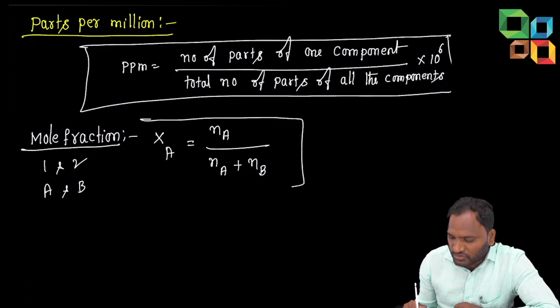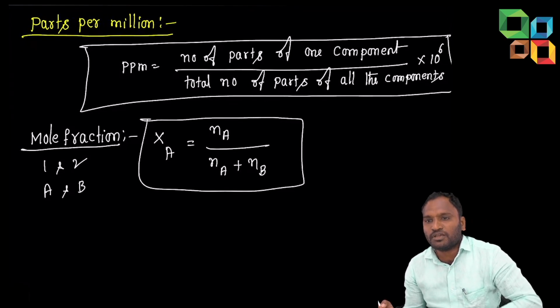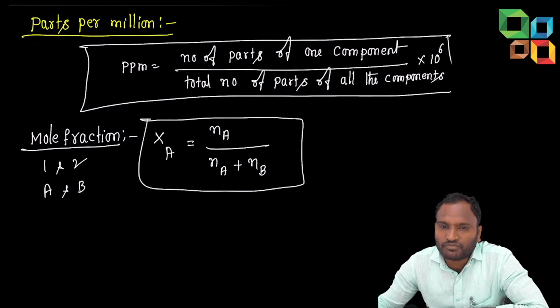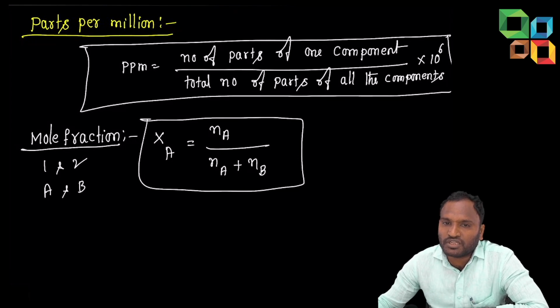So from this formula, how can we define it, students? Mole fraction is the ratio of the number of moles of one component to the total number of moles of all the components.